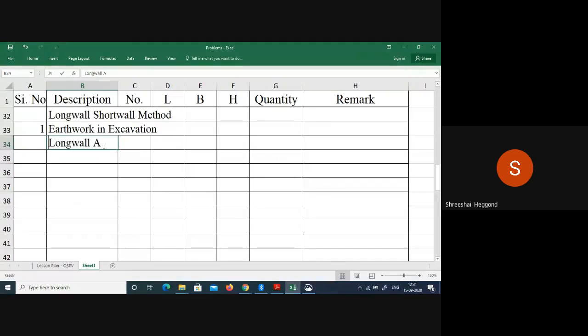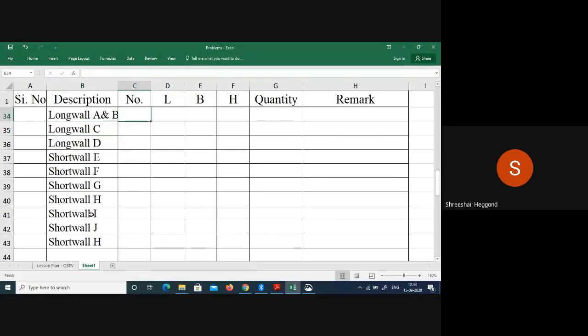So we can write long wall A and B directly because both will be of same length. Next, long wall C, long wall D walls, long wall A and B. There are 2 walls, therefore I'll be writing number as 2.